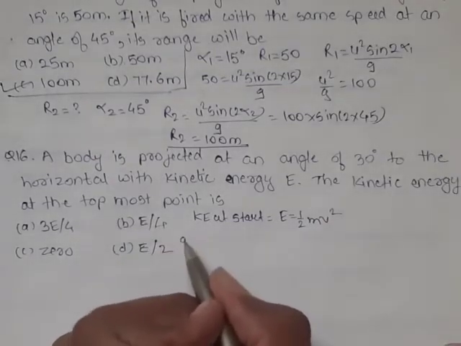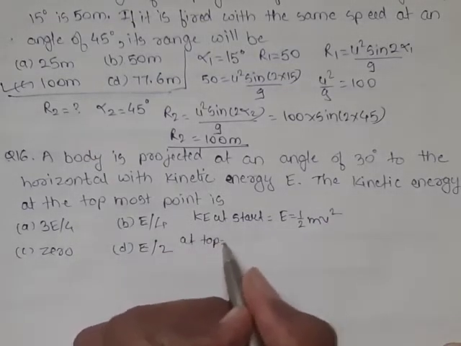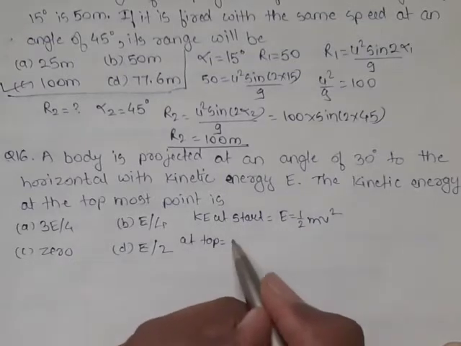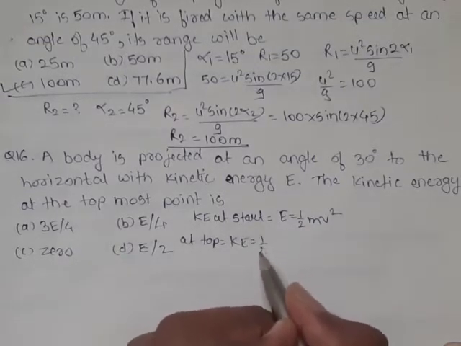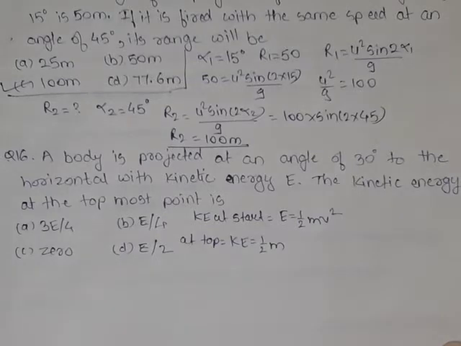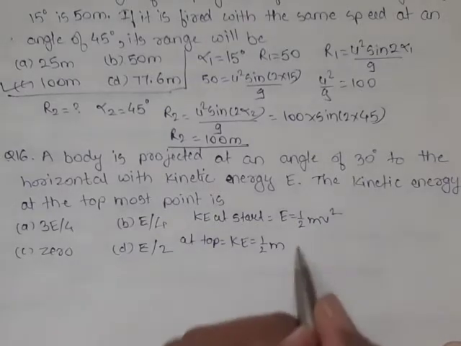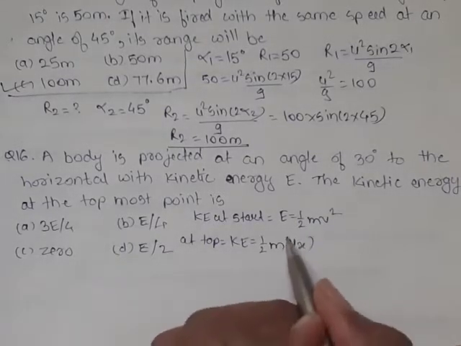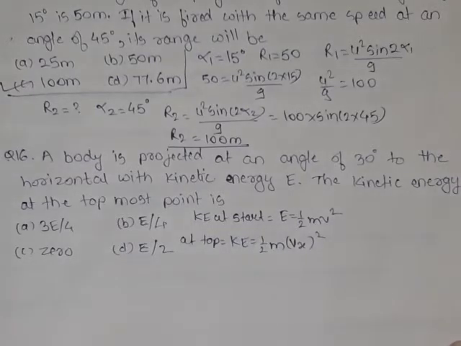At the top, the kinetic energy KE is equal to 1/2 m. At the top, the velocity remaining will be only Vx. The y component of velocity has become equal to 0. The entire velocity will be Vx.